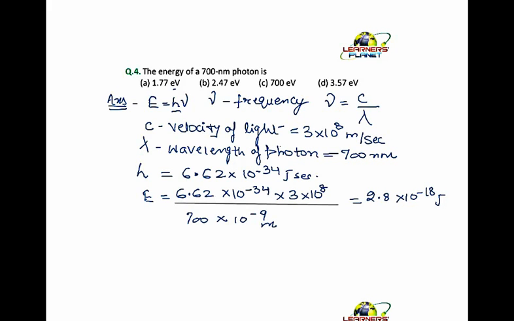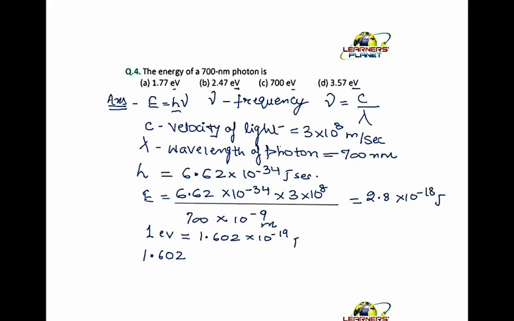Now see here, in what units is the answer given? It is in electron volts. Now what is the conversion factor? 1 electron volt is equal to 1.602 into 10 to the power minus 19 joule.